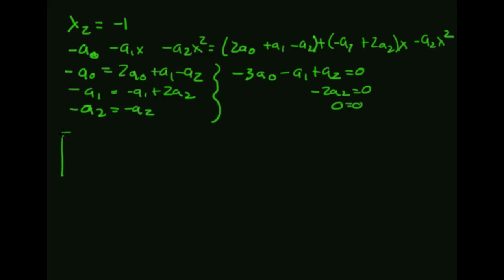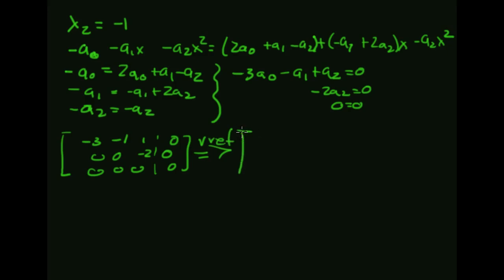So we build the augmented matrix: negative 3, negative 1, 1, 0; 0, 0, negative 2, 0; and then all zeros. We run Gauss-Jordan on that, and we're left with 1, a third, 0, 0; 0, 0, 1, 0; 0, 0, 0, 0.